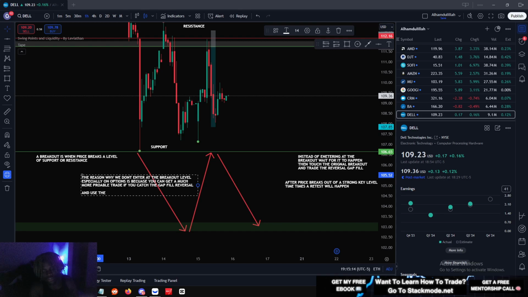So breakouts are still useful for us to know, and use the extra contracts to hold for the breakout.